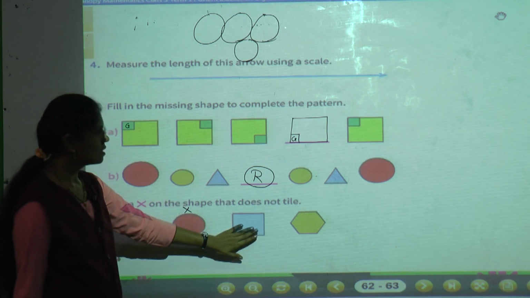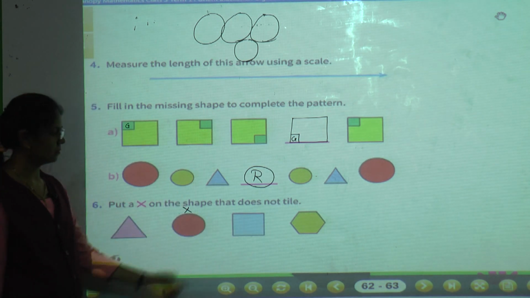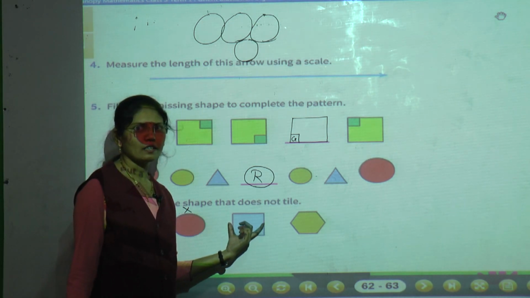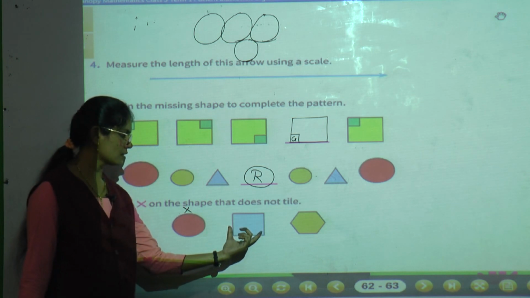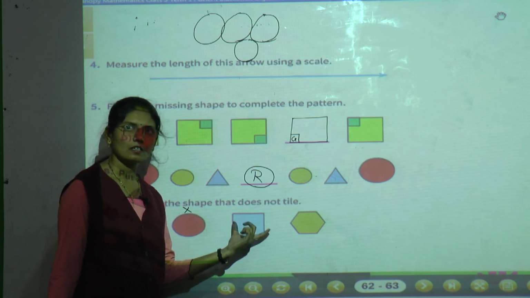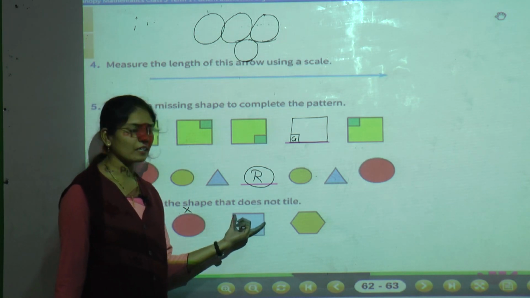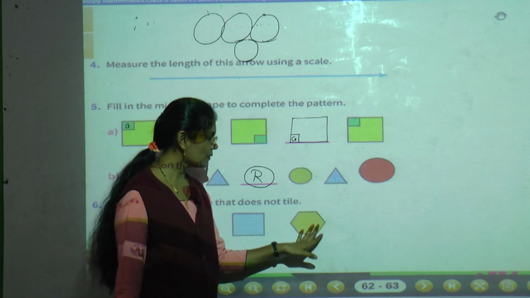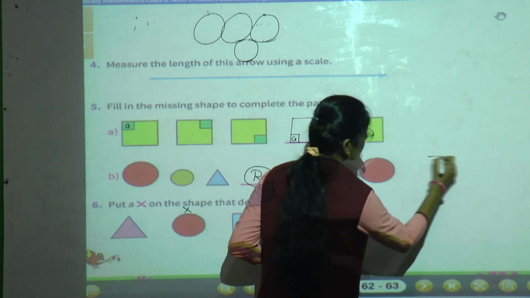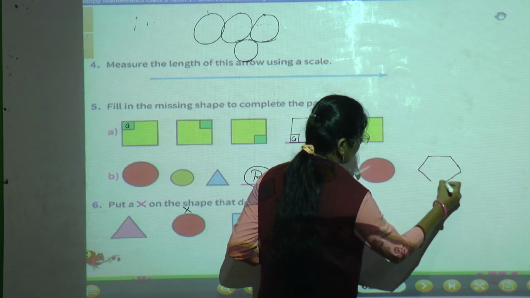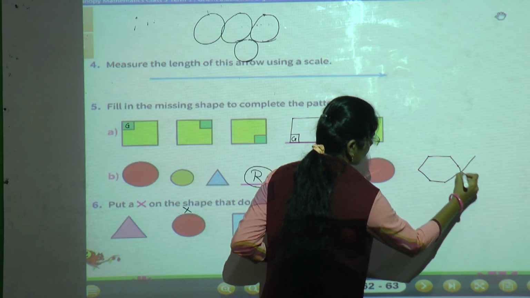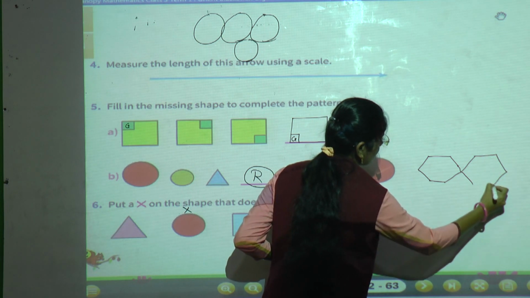Now see this square. In the very first session I told you, with the help of this square we can make tiling. And if we put this hexagon together, we can make a pattern or tiling also.